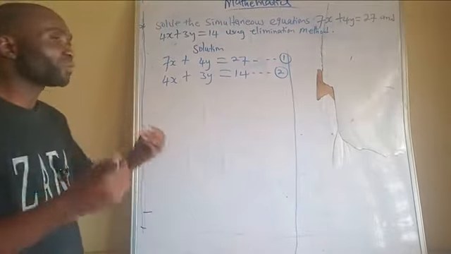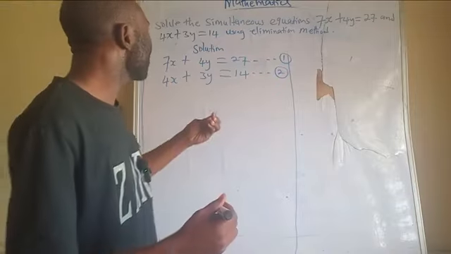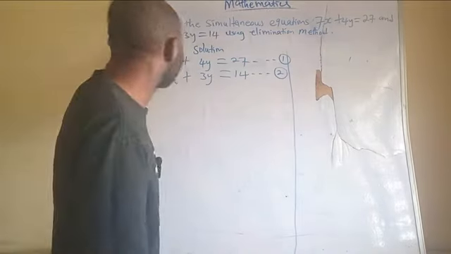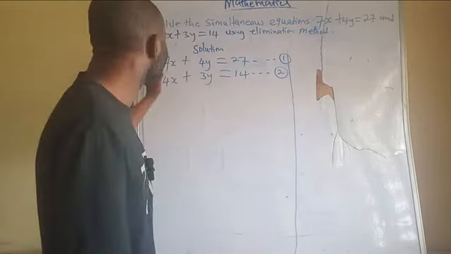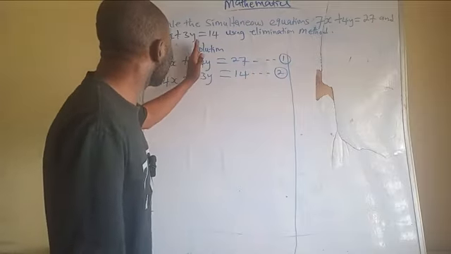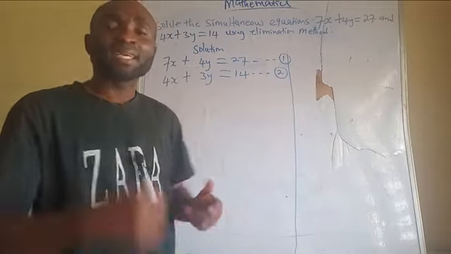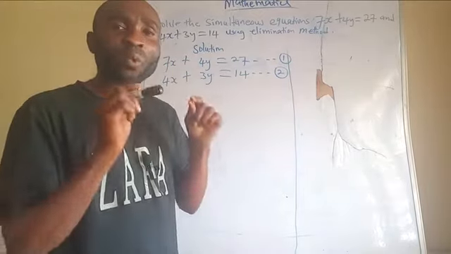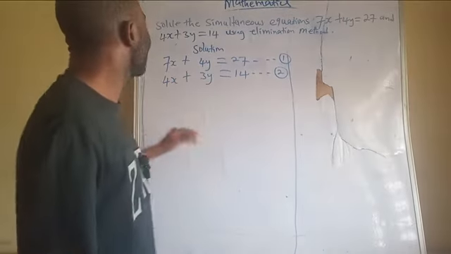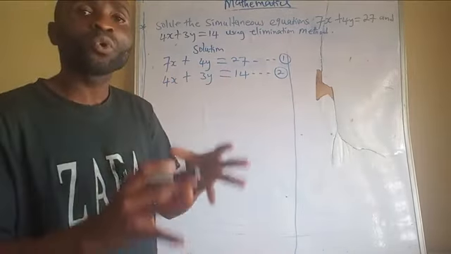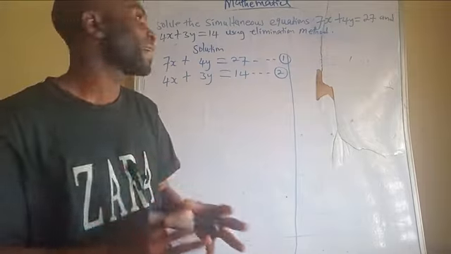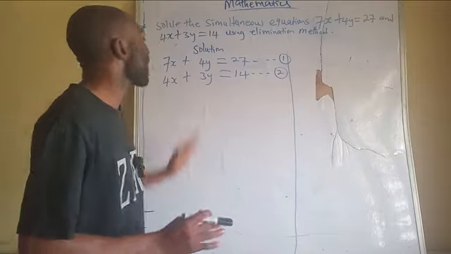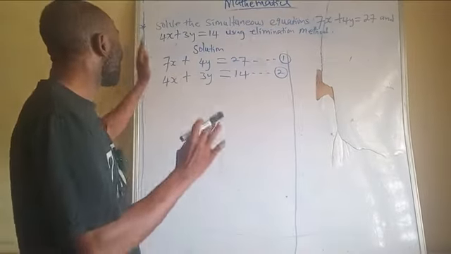You are going to do away with one, either x or y. As the name implies, elimination means to eradicate one thing. Because we cannot solve for two variables at the same time, we are going to eliminate either x or y.